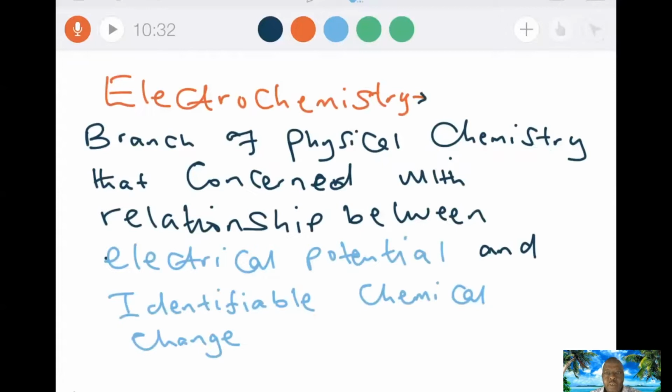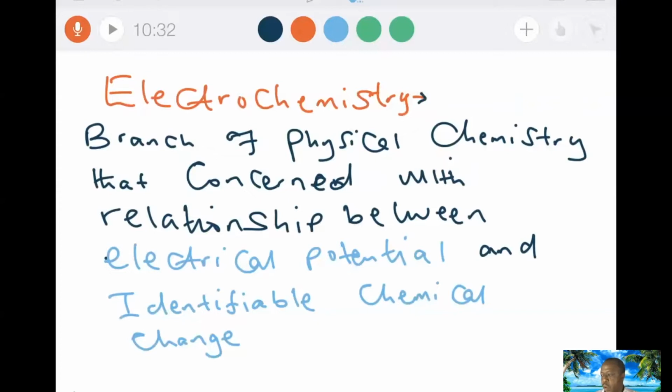Electrochemistry is a branch of physical chemistry that is concerned with the relationship between electrical potential and identifiable chemical change. The chemical change you will see in this experiment is redox, the type of reaction that will take place.